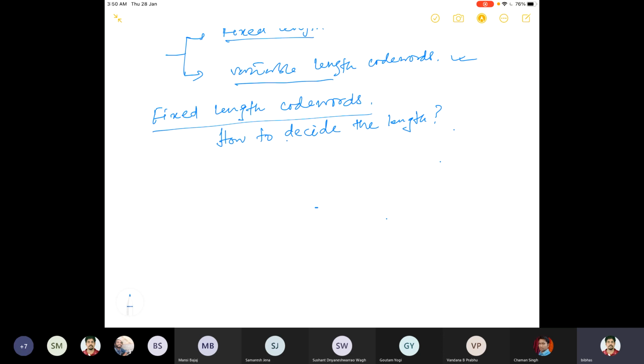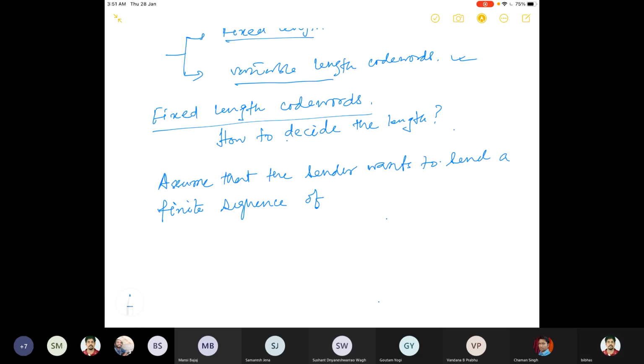So here is the setup. Let us assume that the sender wants to send a finite sequence of source letters.